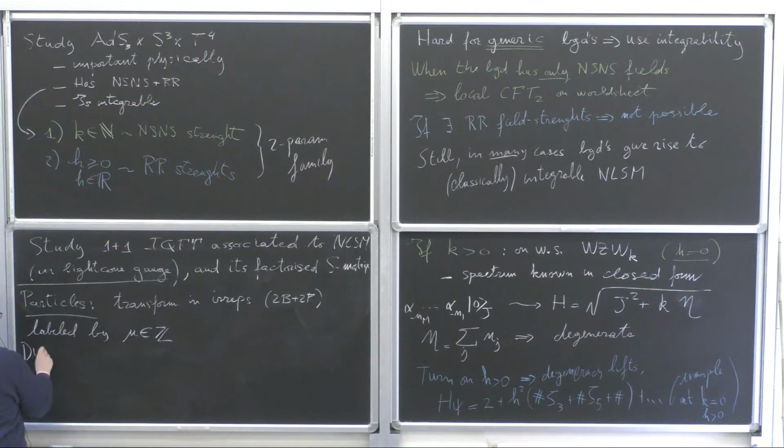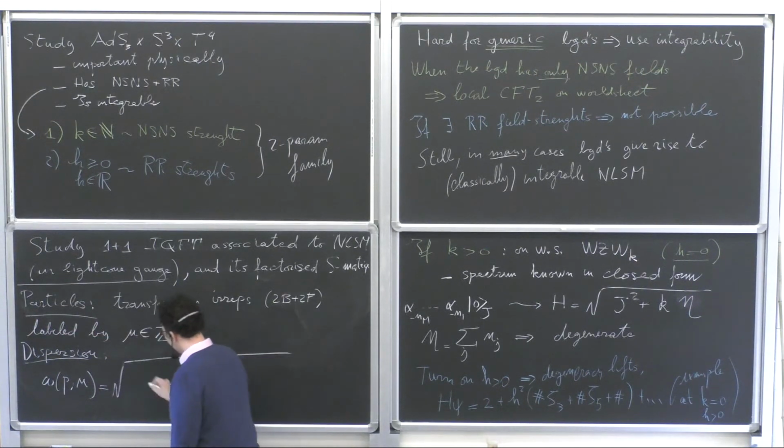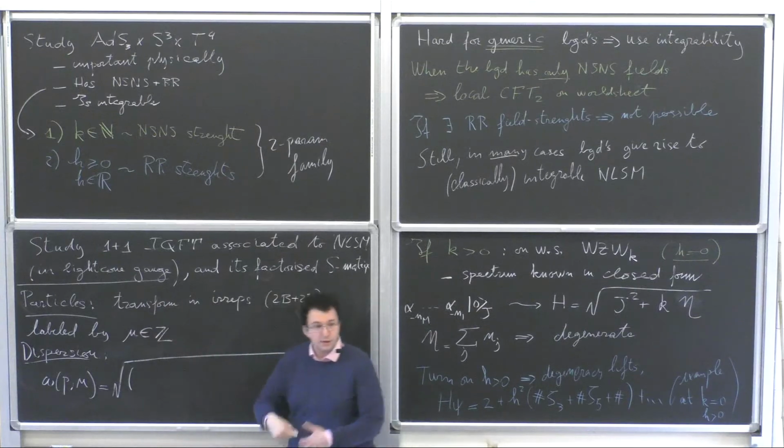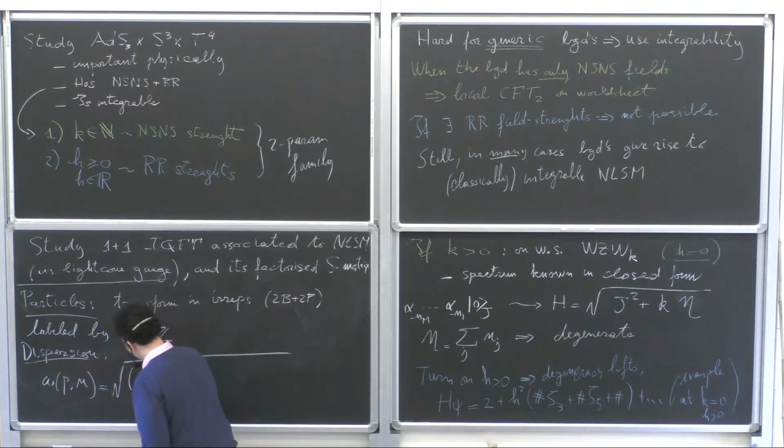And the dispersion omega of p, which depends on mu. You can compute it essentially by symmetry arguments, and it is exact in the couplings, and it looks something like this.